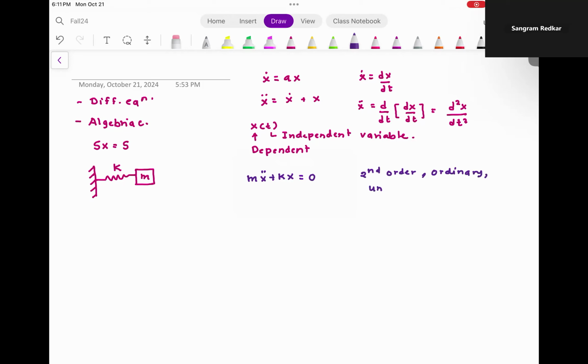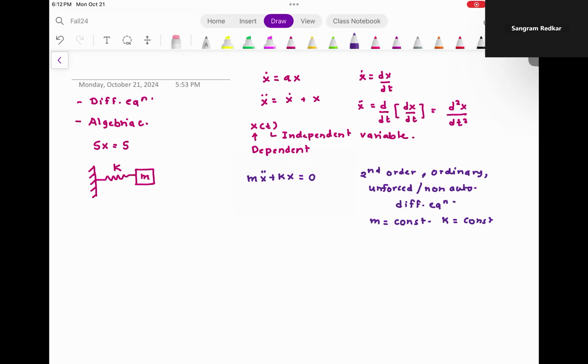Unforced, which means the right hand side is 0, which is also called a non-autonomous differential equation. Please note, m is a constant. m is a constant. k is a constant, which means the mass is not changing. The stiffness is not changing.